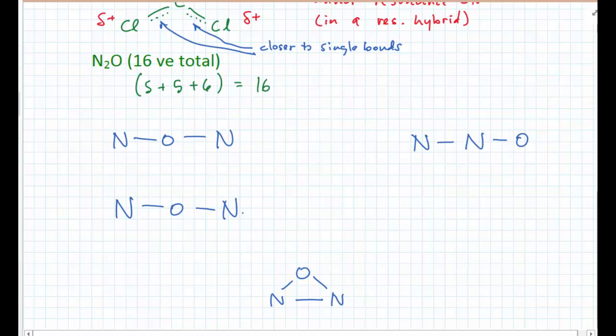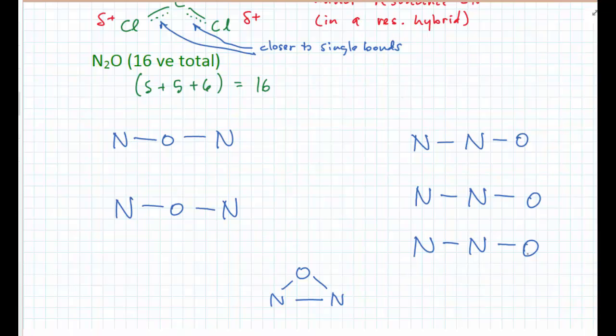Okay? There are at least 3 resonance structures of NNO. Okay? So starting from a skeletal structure and knowing that we need 16 total, what were the steps that we did last time? Sort of that all-purpose method for drawing structures.